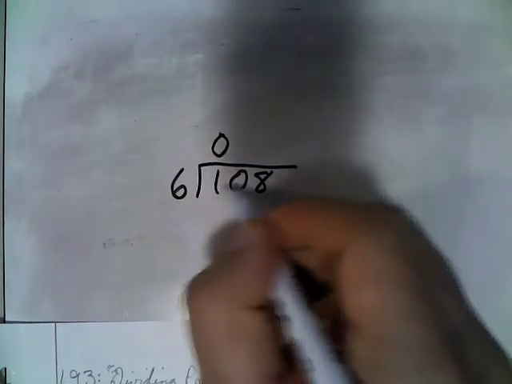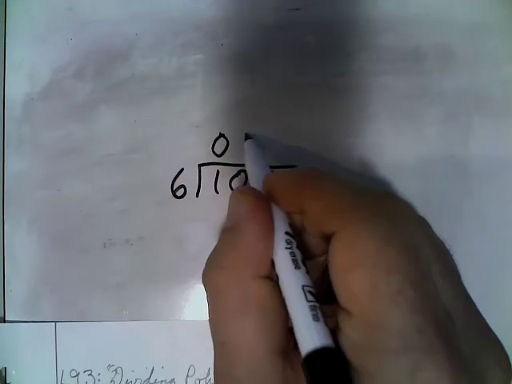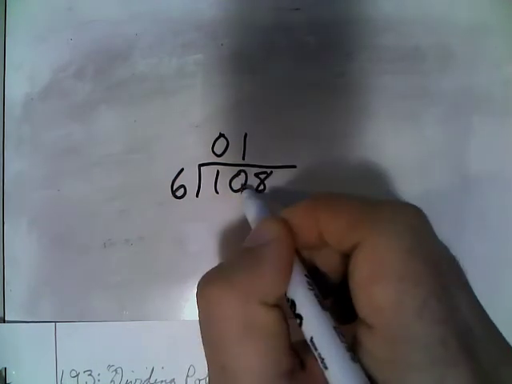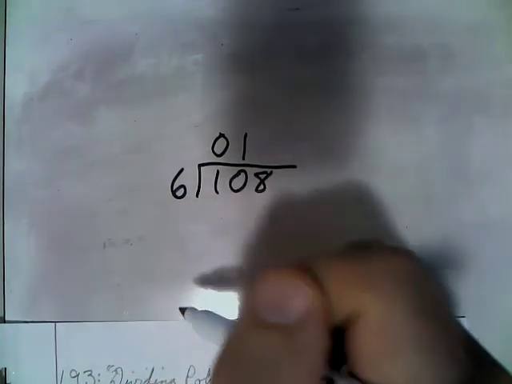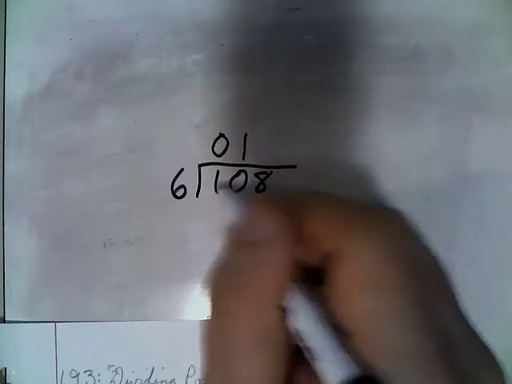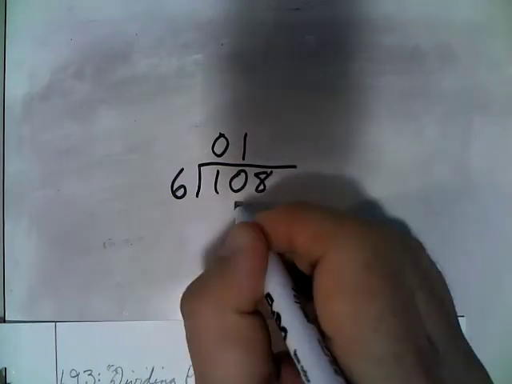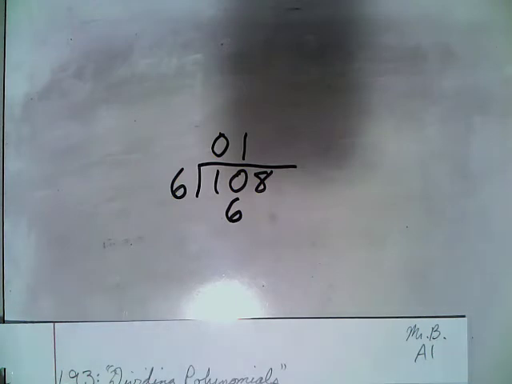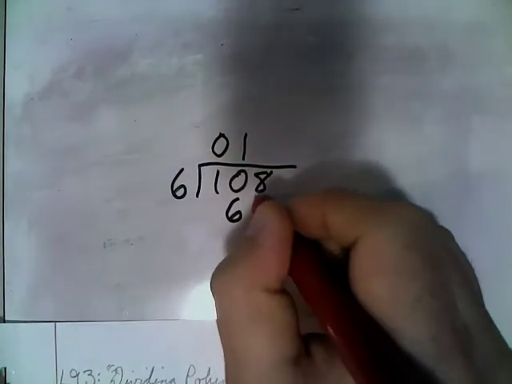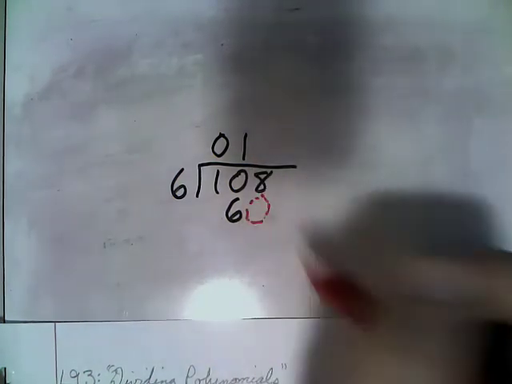So when I come over here and I look at this and I say, okay, how many times is 6 going to 10? I put a 1 up there. This 1 is in the tens place. So we're saying we have one group of 10 sixes. Well, 10 sixes is 60. So can you get 60 into 108? Yes, we can. So that's why we put the 6 down here. And what we often skip just to make it easy is this really is a 60.